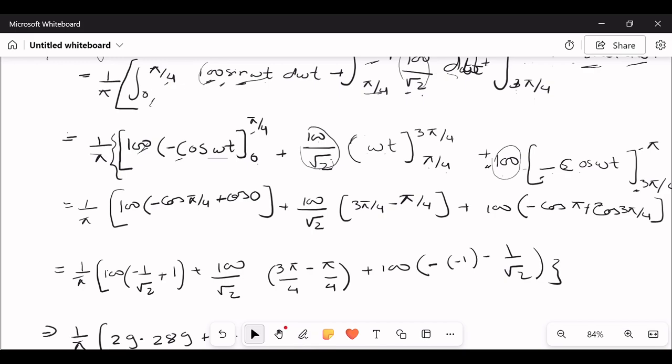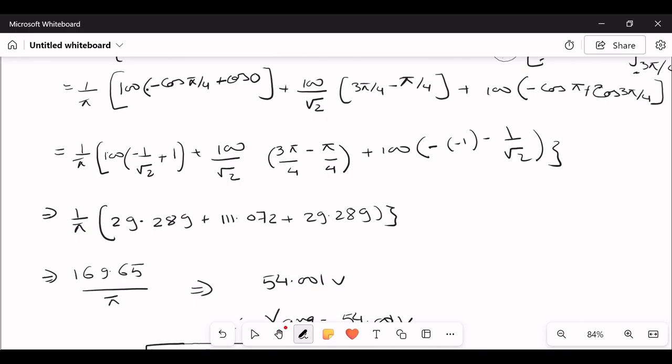For the solution, 100 times minus cos π/4, which is 1/√2, and cos 0 is 1. For the integration of the middle part, we write down 3π/4 the same way. For the third part, cos π is minus 1 and cos 3π/4 is minus 1/√2, so we write it like that. For the first value, after calculation, it becomes 29.289.